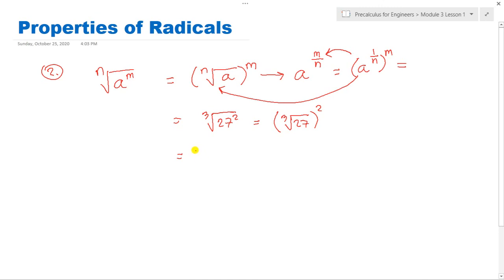So for 27, since 27 is a factor of 3 siya, we can simply write 27 as 9 times 3, or just simply 3 times 3 times 3, raised to the power of 2. Or we can just simply write this as a cube root of 3 cube, then squared.